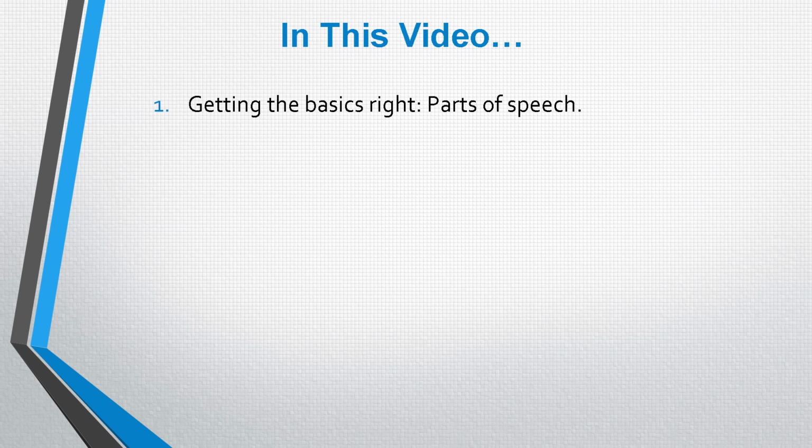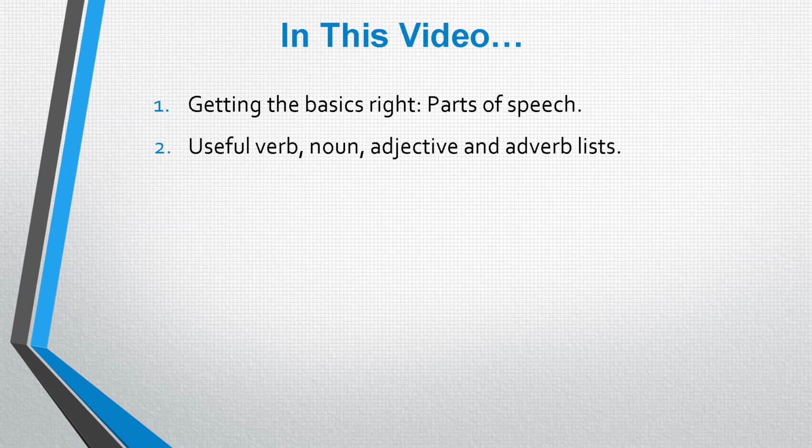So in this video, we've done the following 6 things. We first looked at different parts of speech or different parts of writing, so we could understand the types of words we were using, and we could then follow different grammatical structures and use them for ourselves. We then looked at useful word lists that we could use for describing change over time.